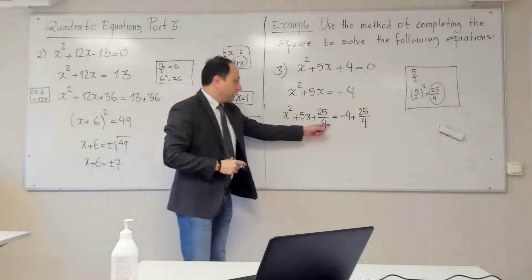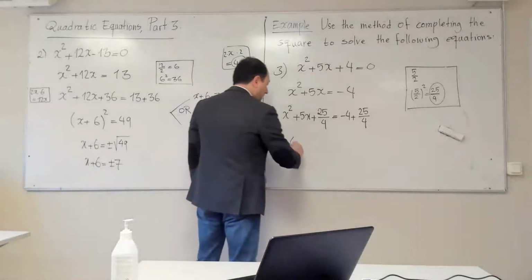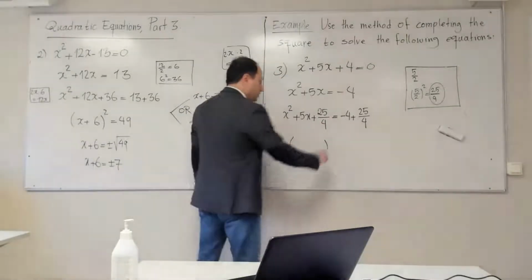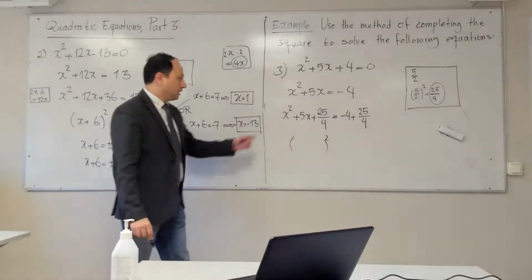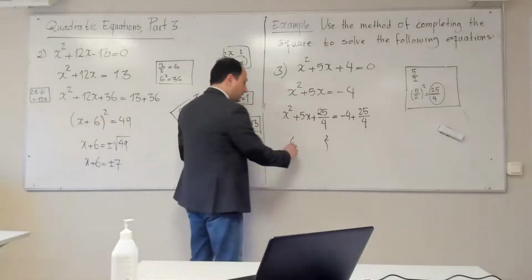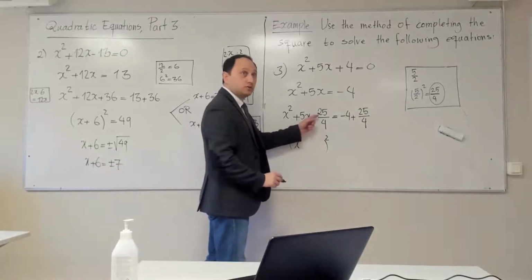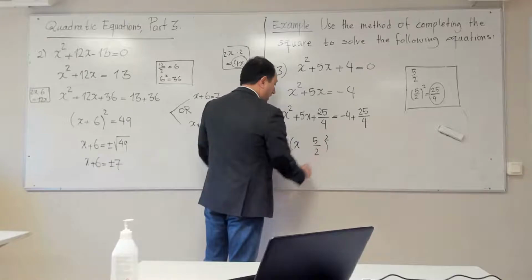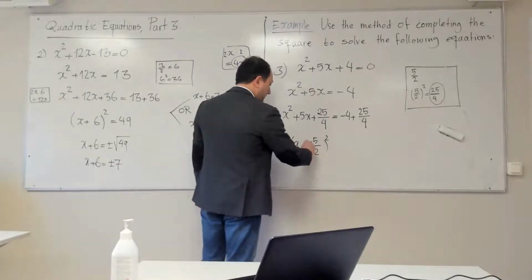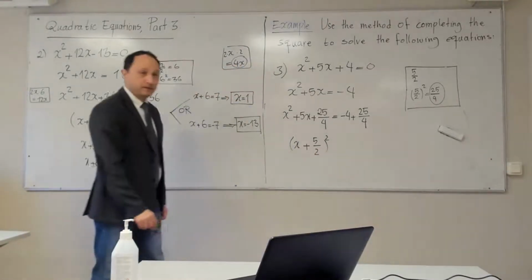The left-hand side is now a complete square. So I put a pair of brackets and I put a second power on top. The square root of this one is x. The square root of this one is 5 over 2. And I have a positive sign here, so I put a positive sign here.